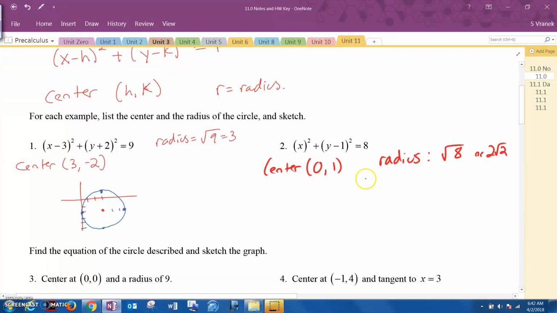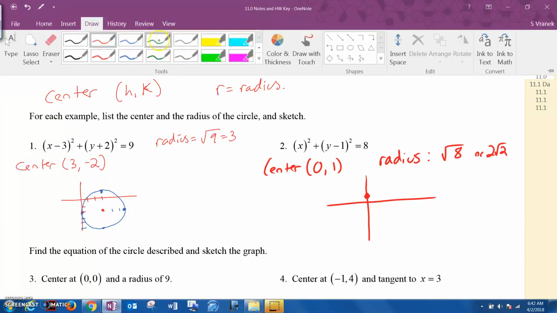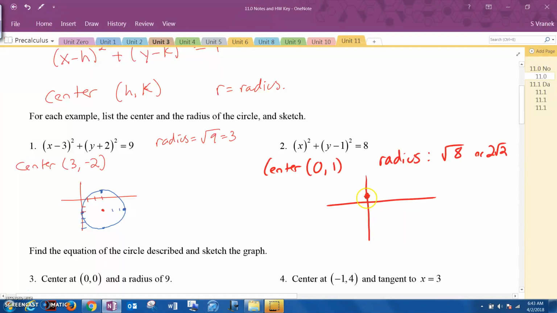So if we were to draw this one, I don't know why the pen changed on me, (0, 1). Then we go about 3, so 1, 2, 3, almost 3. We're not going to go all the way to 3 though.